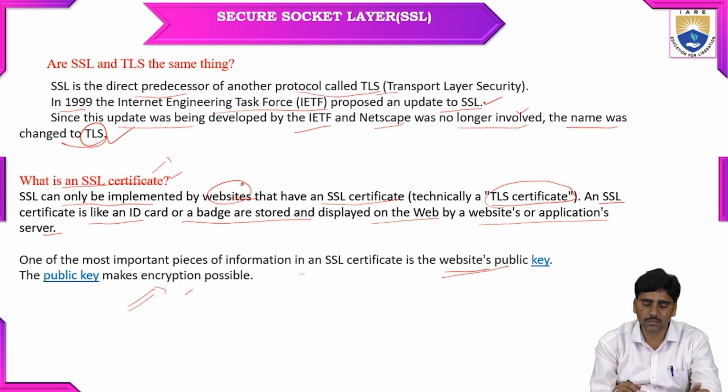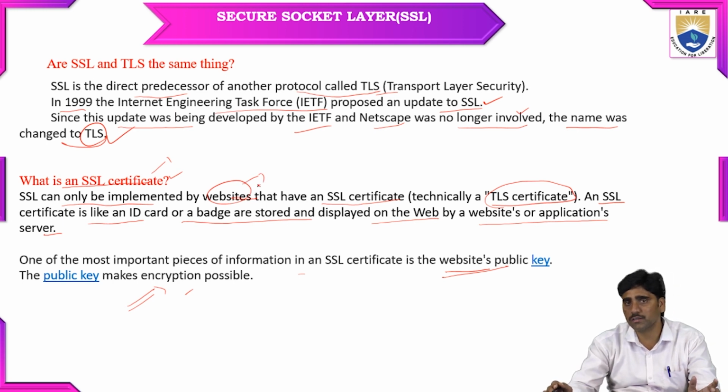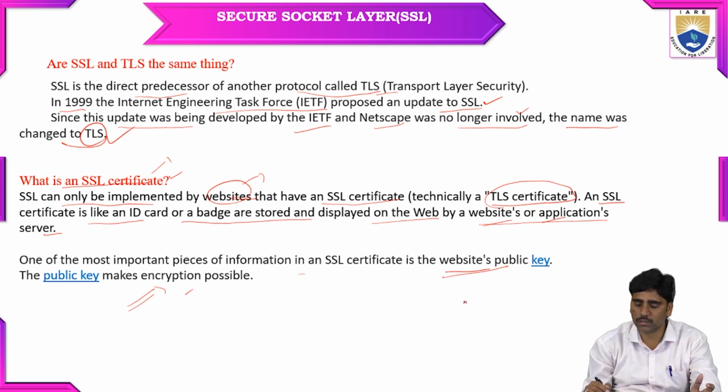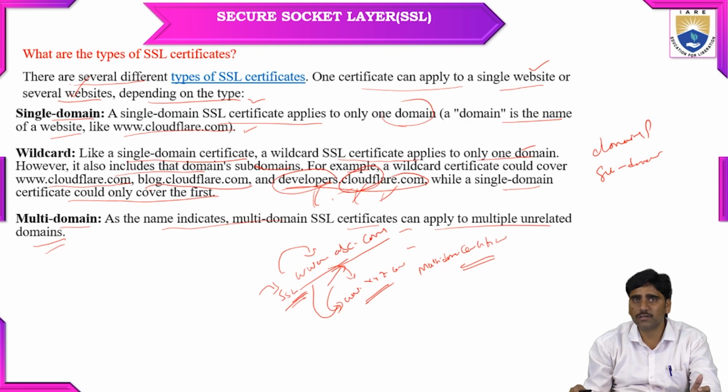And what is meant by SSL certificate? An SSL certificate is one type of ID card, or one type of badge, that holds the website's or web application's data. And the most important piece of information in an SSL certificate is the public key. And the types of SSL certificates: there are three types.